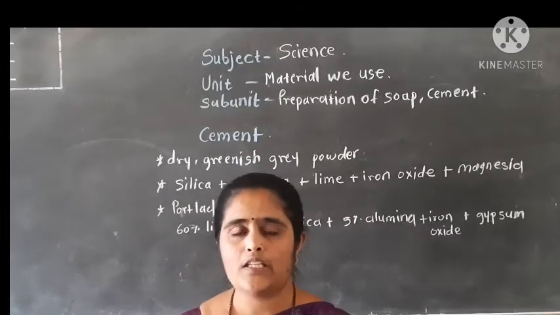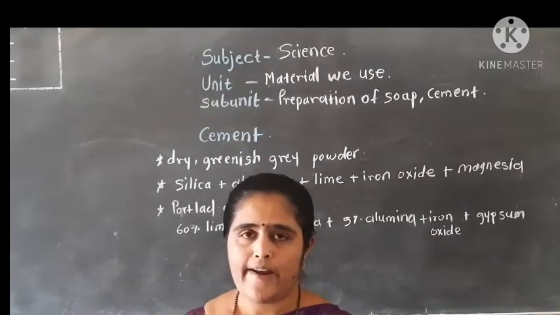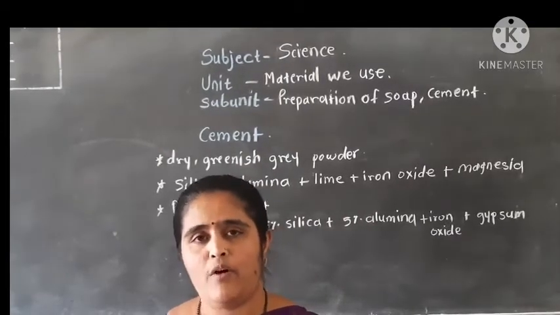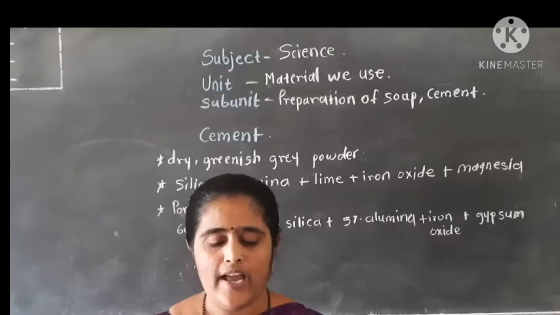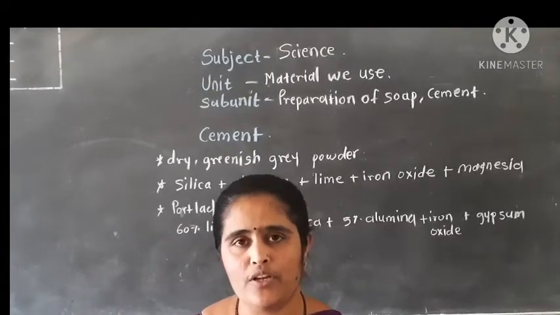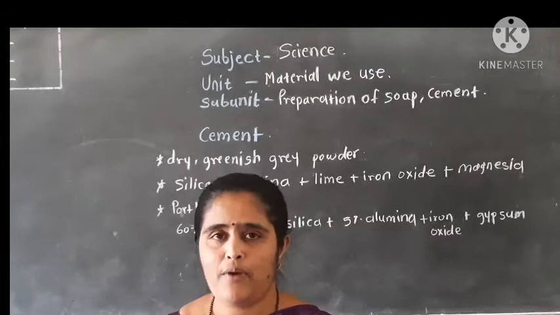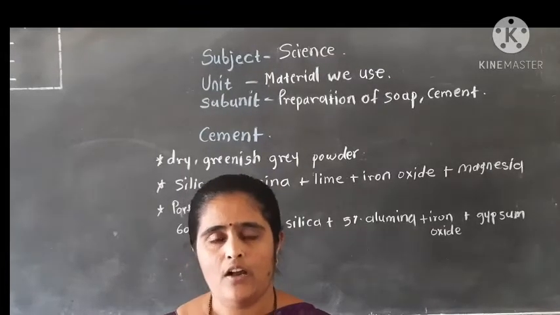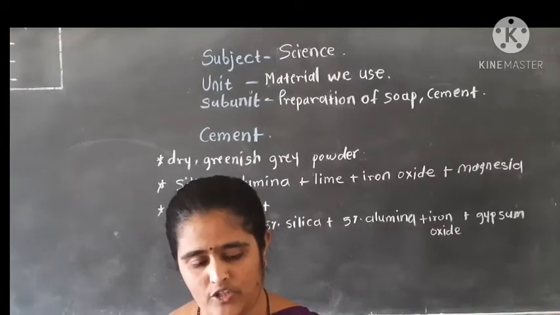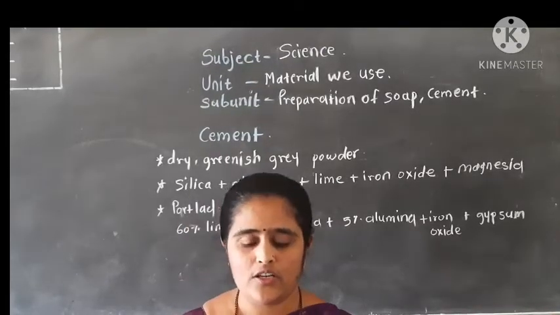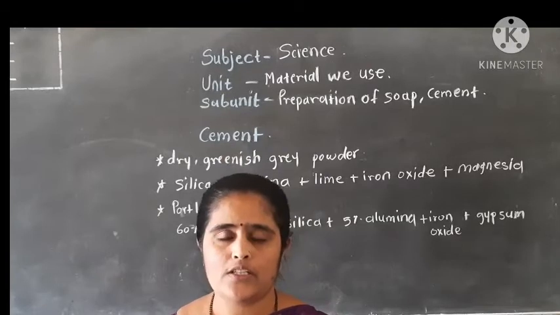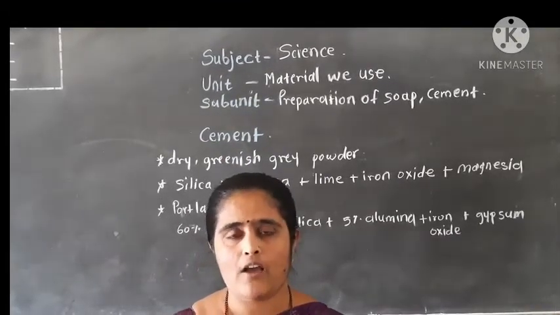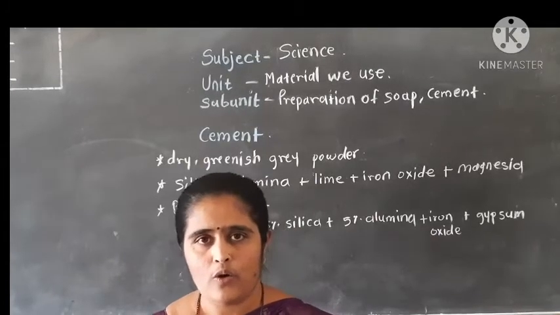Okay students, let's see the answer again. The natural detergent is made naturally, the man-made detergent is made by human beings. The natural detergent consists of saponin chemicals, but the man-made detergent consists of various kinds of perfume, dyes, germicide, alcohol and anti-foaming agent. The natural detergents do not harm our skin as well as our clothes, but man-made detergents can harm our skin as well as our clothes.